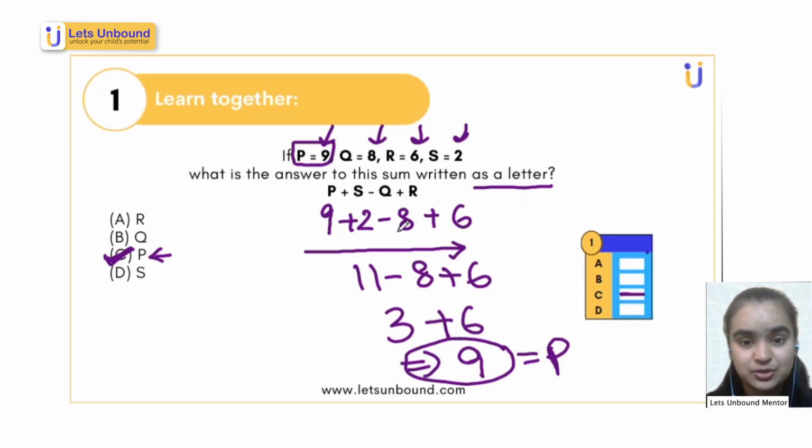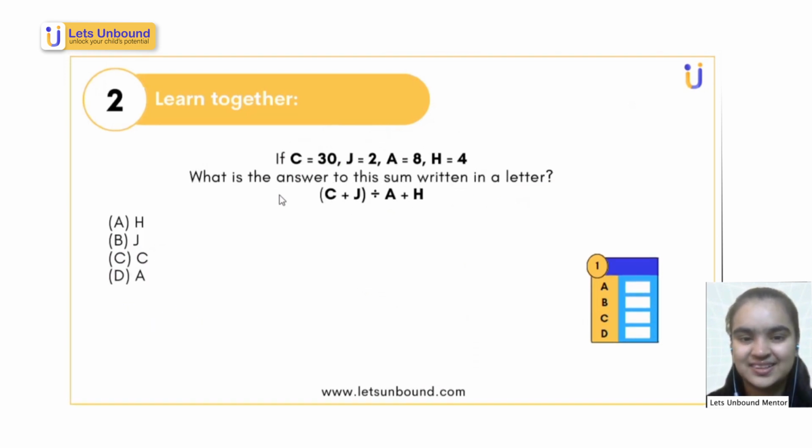No worries if you did not get this. Let's try to do one more question. Now here, if C is 30, J is 2, A is 8, and H is 4, so what is going to be the answer to this sum written as letters?